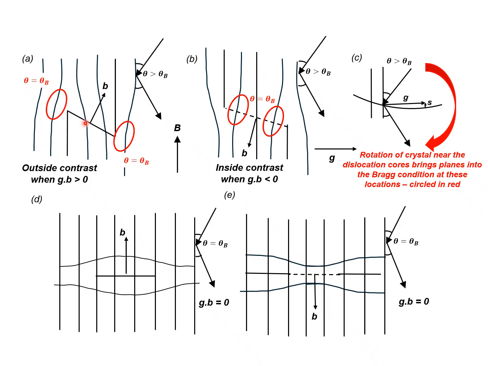But if the loop is tilted, and we look at other planes that have a certain orientation with respect to the plane of the loop, these are distorted depending on whether you've got an interstitial loop or a vacancy loop, as we see here.